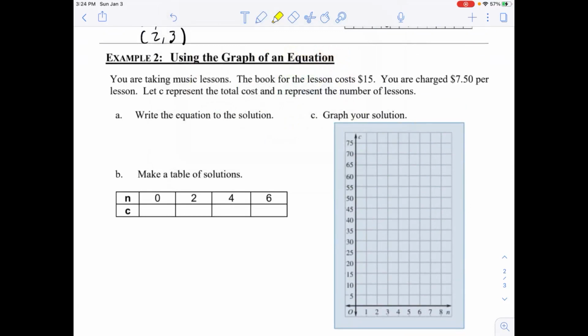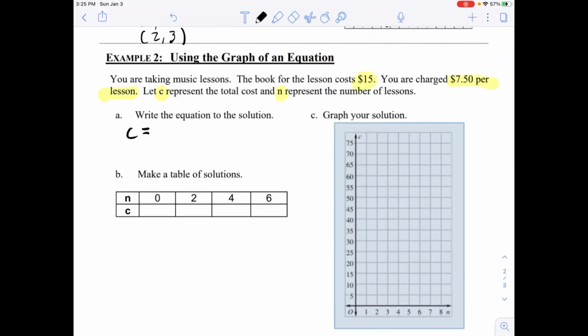So the book for the lesson costs $15, and you're charged $7.50 per lesson. So C represents the total cost, and N represents the number of lessons. So the total cost, that's what I want it to equal. So I'm going to have C equals something else. Now I have to think about what is my cost.